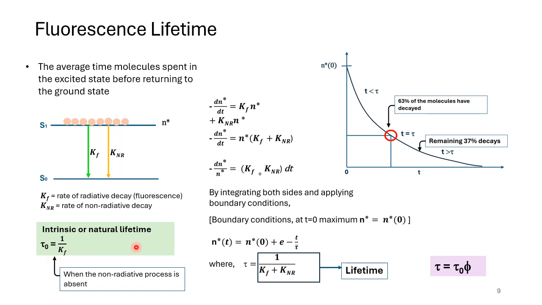And this intrinsic or natural lifetime is related to the lifetime as tau equals tau naught times phi, where phi is the quantum yield. Now this fluorescence lifetime is not dependent upon the concentration, so it is solely a characteristic of the fluorophore.